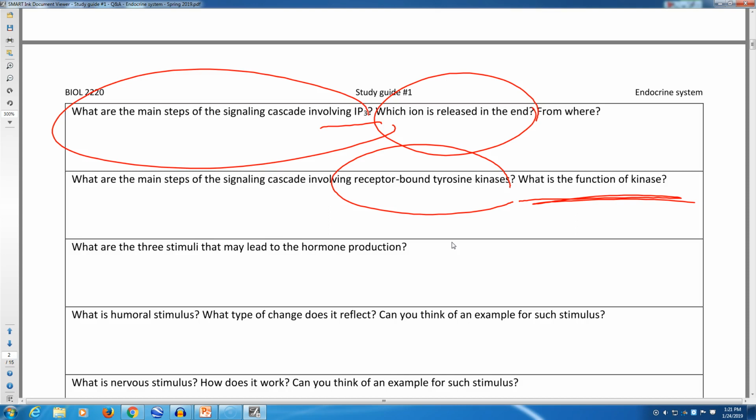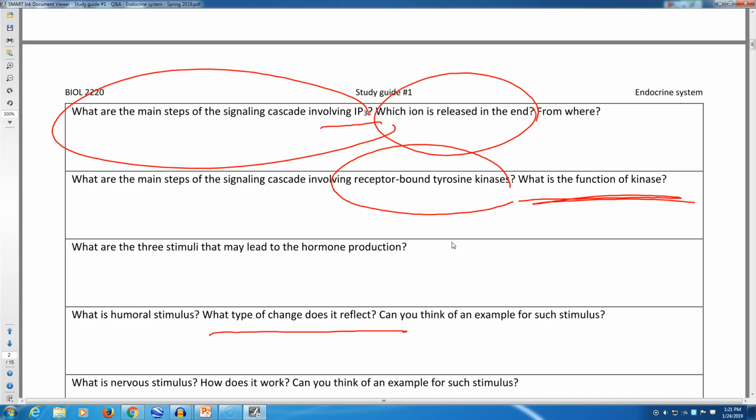I got a question recently: what type of change does humoral stimulus reflect? A change in the composition of extracellular fluid. Pressure is not humoral, that's a nervous stimulus. For oxytocin, that's nervous, because the signal goes from the cervix to the brain. But insulin stimulation, that's humoral.